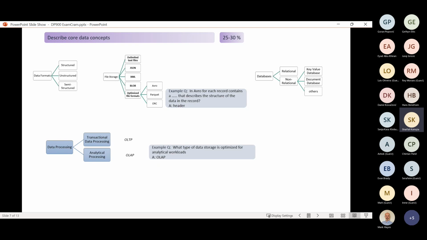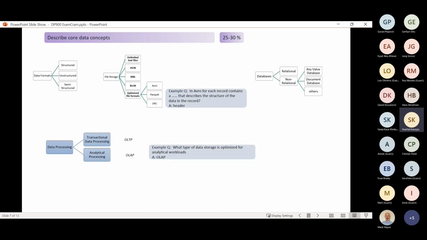When we look at the optimized file formats, they are telling us there are three types of formats available. Conceptually, a question might come, for example, in the example question they ask: in Avro, each record contains what that describes the structure of the data record.